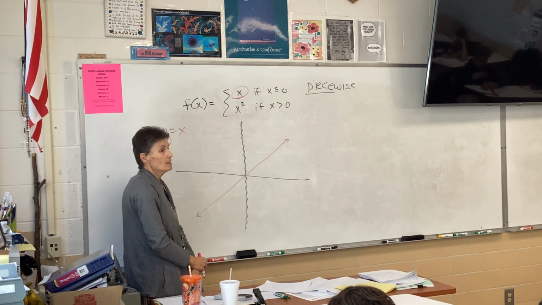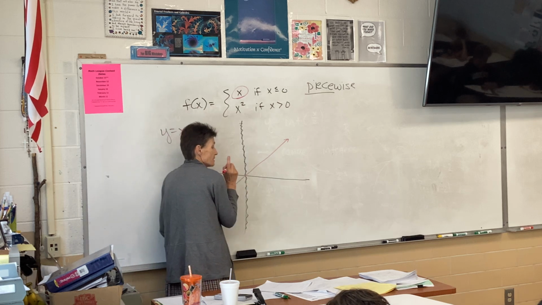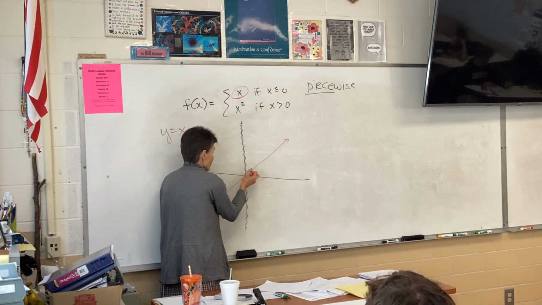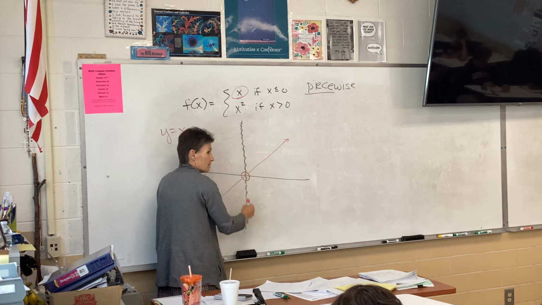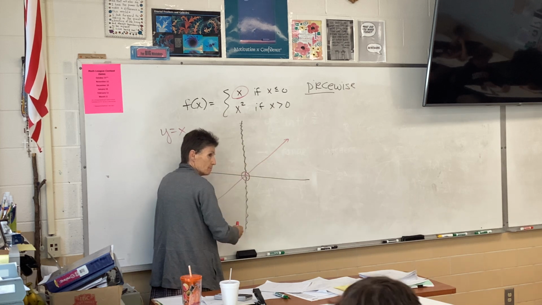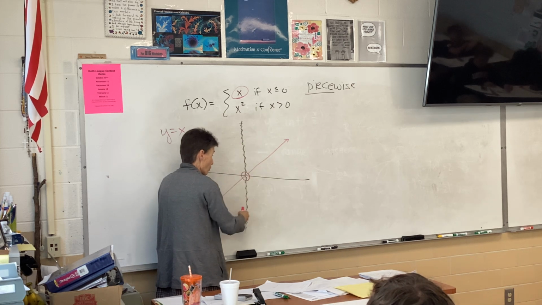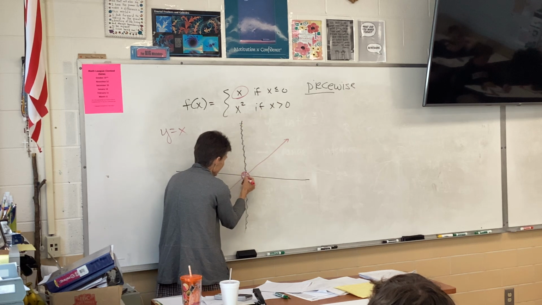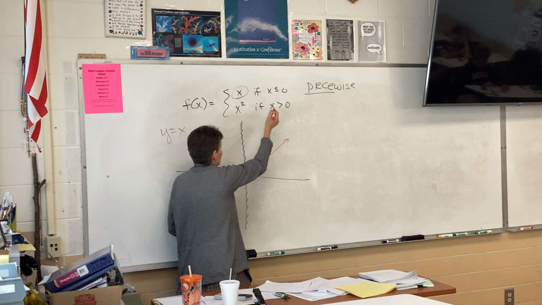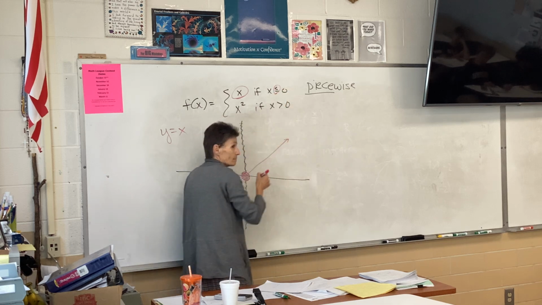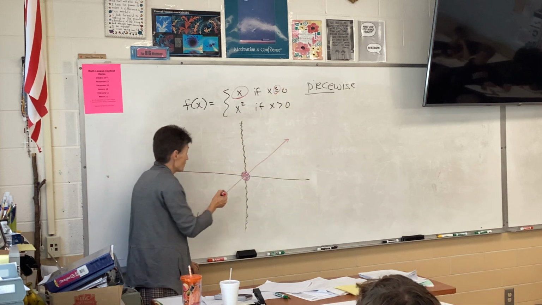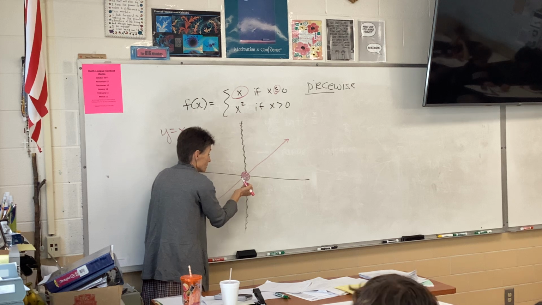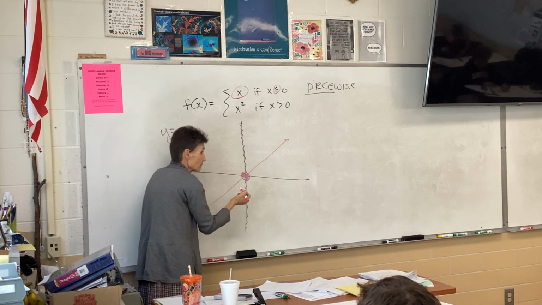Now, guys, notice it crosses my break line. It's like a crack. It crosses right there, and it crosses in a solid dot because of this. So I have a nice big dot, colored in.